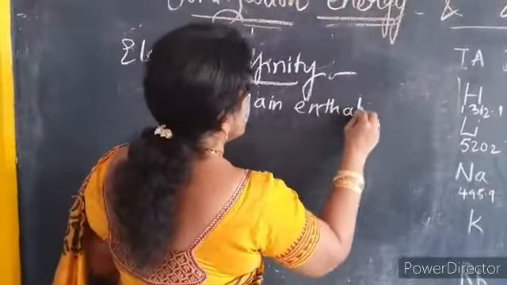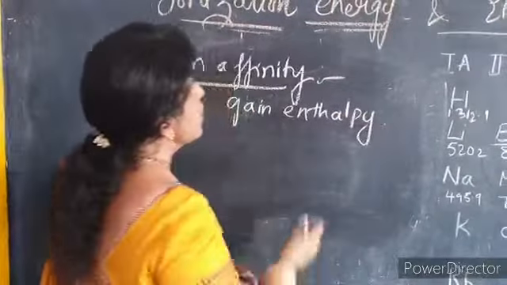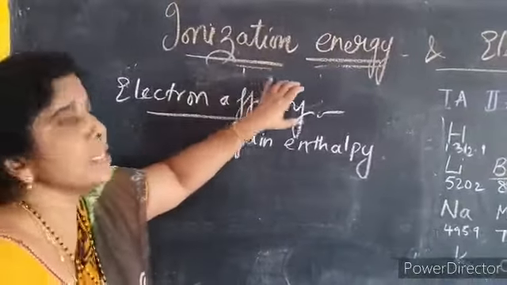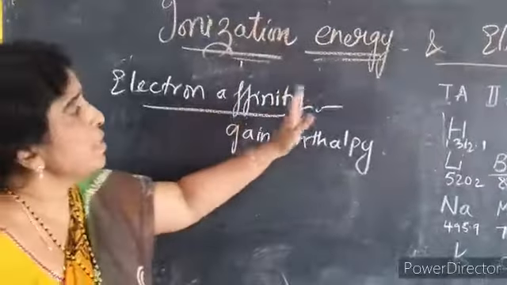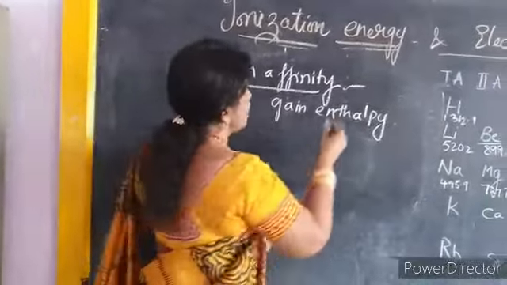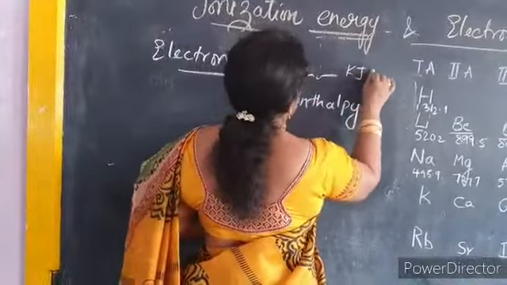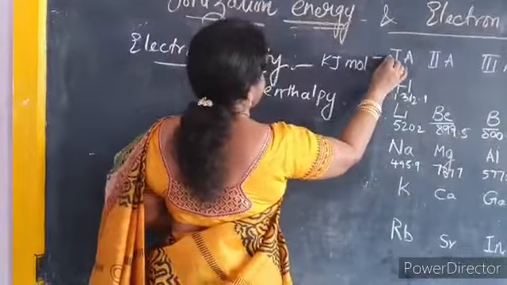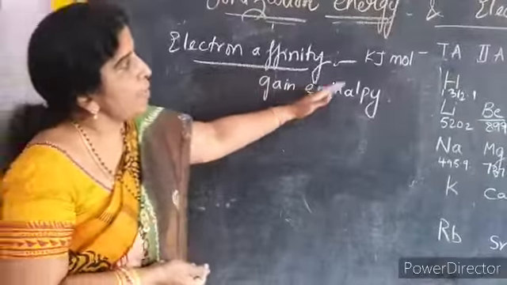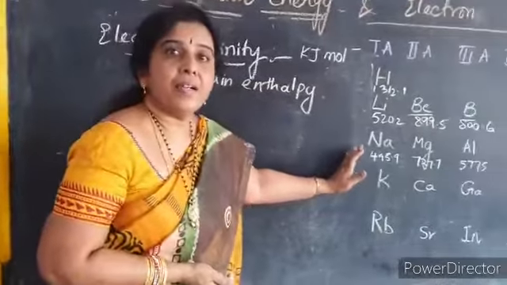So the factors which influence ionization energy also influence electron affinity. The units for electron affinity are also kilojoules per mole. Now, what happens to the electron affinity in a period and a group?